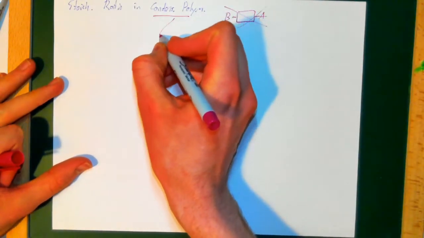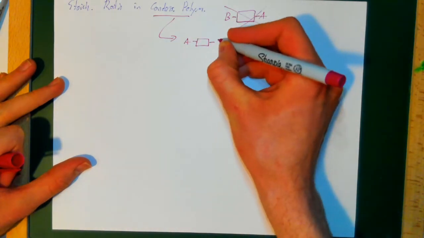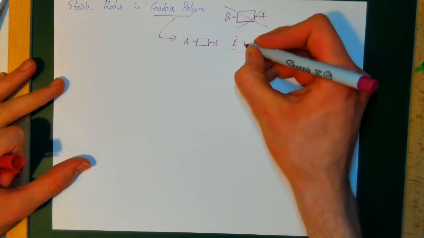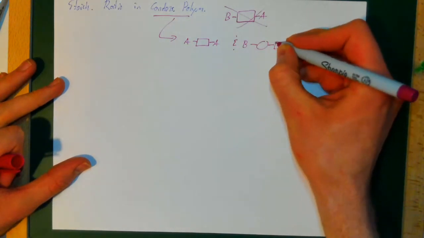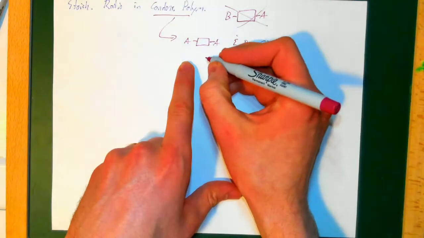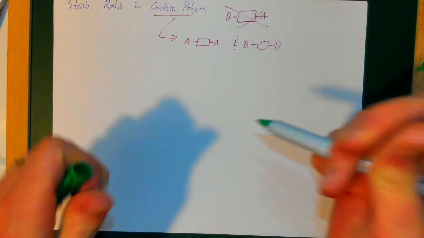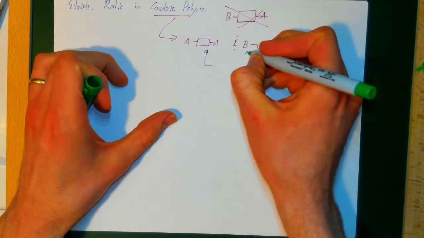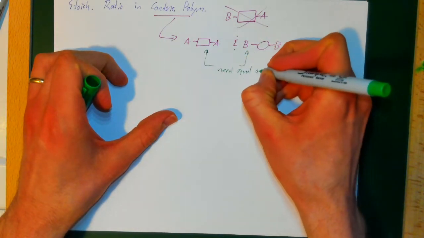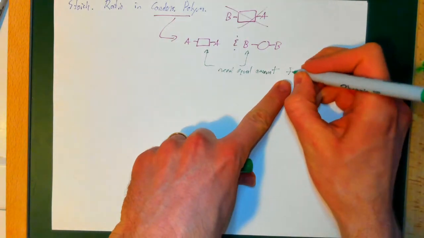The condensation polymers that I'm talking about today are the ones that have an A and an A and an equal amount of B and B. So in order for these to polymerize, we need an equal amount of these two types of monomers. We need an equal amount for high molecular weight.